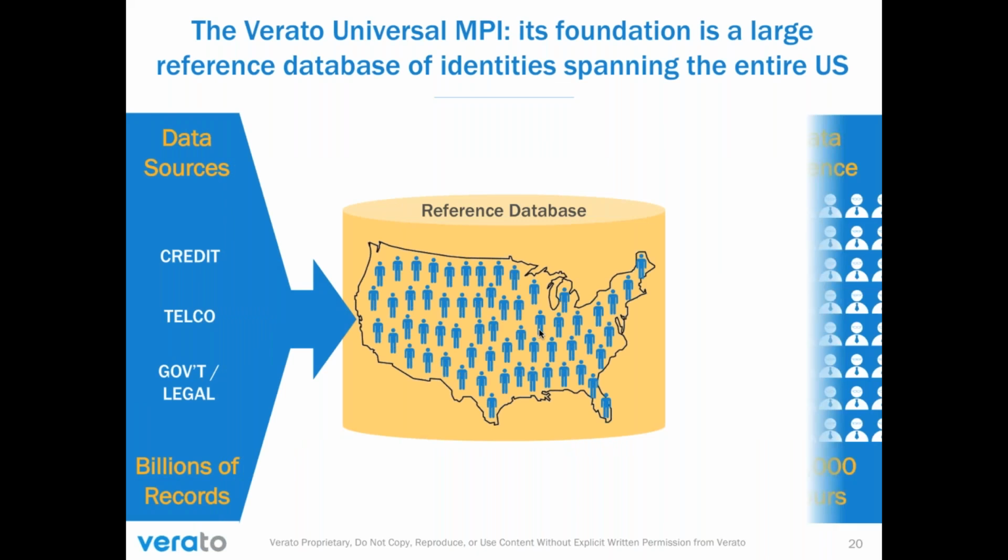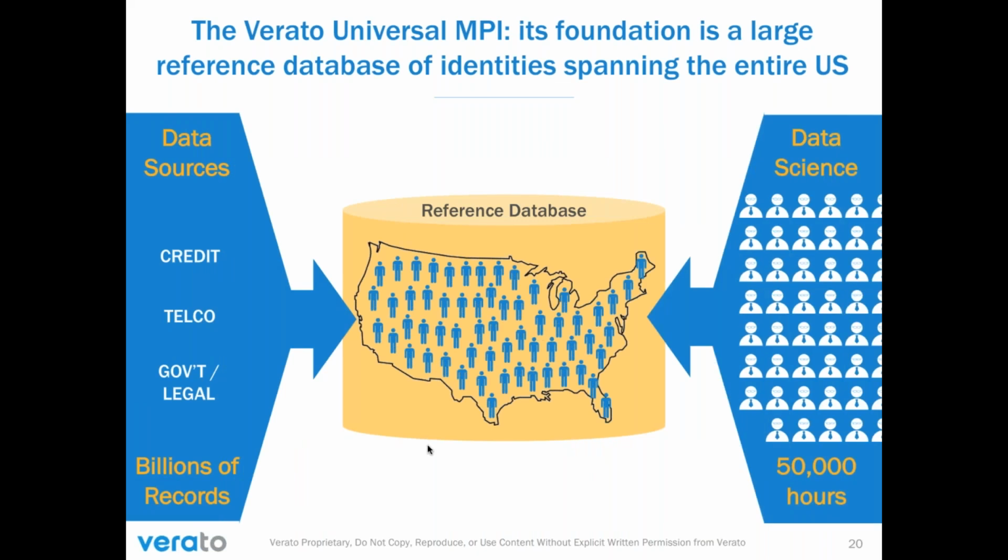To give you a little more information on that, this reference database that we have, we build it out of multiple data sources. We handpick the places we get that data from to provide different characteristics. So we get data from credit header data, which has some really good high quality characteristics. We combine that with utility type information, which is kept up to date and is very recent.